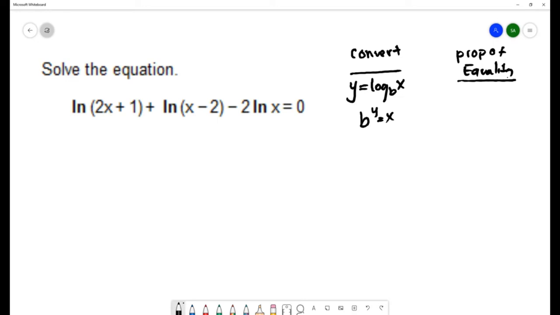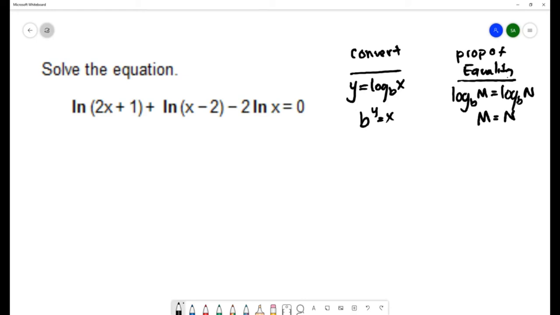But when you use the property of equality, you need a log of something equals log of something. And we have to have the log with the same base on both sides to be able to solve it. What you do is you say what's inside the log on the left is equal to what's inside the log on the right.